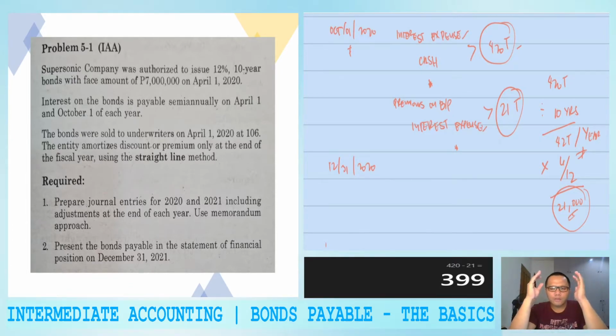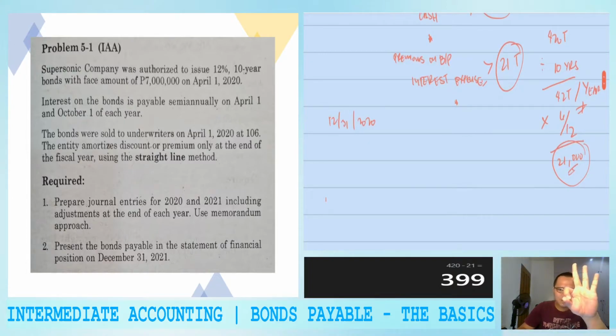If no adjustments are made, then the interest would be recognized in 2021, which is erroneous because on October, November, and December, we have already incurred interest in 2020. That is the concept. So we need to make an adjustment.